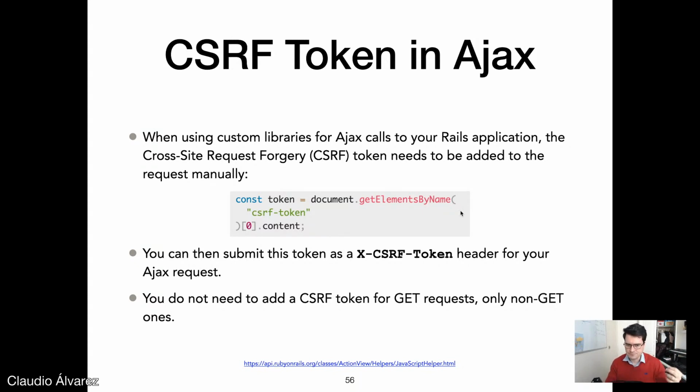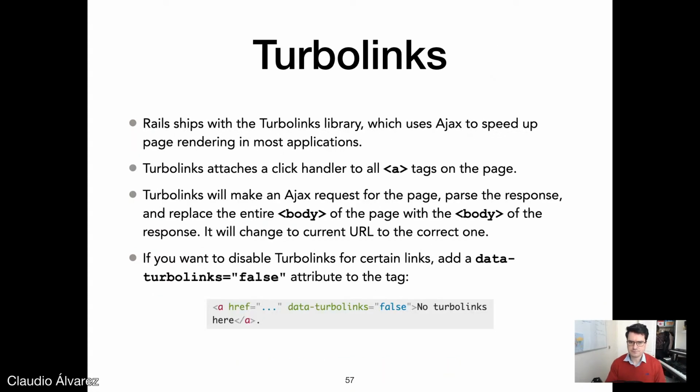Entonces en ese caso tú tienes que ocupar el token CSRF que está disponible en cada página que es rendereada por la aplicación, y lo que hace es ir a buscar el elemento que contiene el token y pasar el token luego en tu request asíncrono, que lo haces usando fetch, ¿ya? O incluso lo haces usando el XML HTTP request. Si quiero usar ECMAScript 5, si quiero usar ECMAScript 6, ocupas fetch.